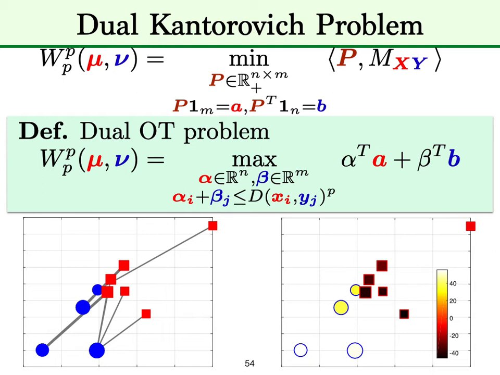But the idea here is that I have plotted on the left the optimal transport. Those rays basically tell me how much mass I must carry from blues to the red. On the right, I'm plotting for every point the value of the dual variable that is associated with it. As I showed above, there is one dual variable alpha i for every input point i, and one variable beta j for every output value j.